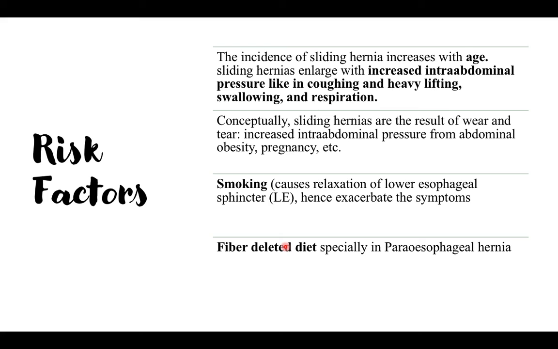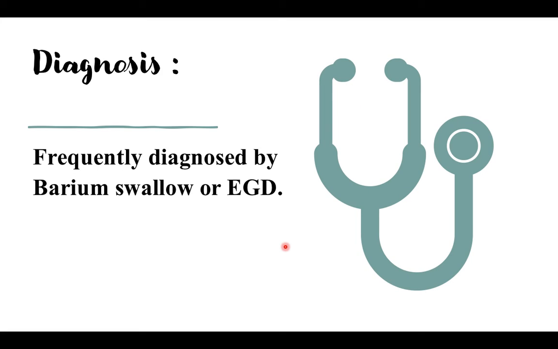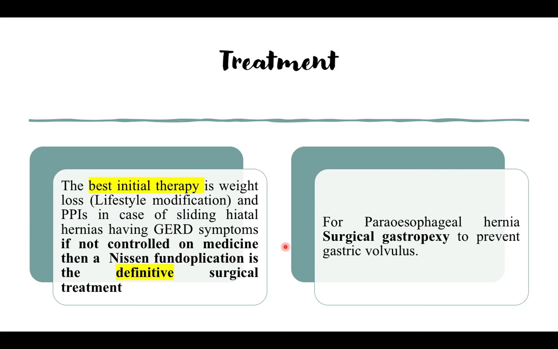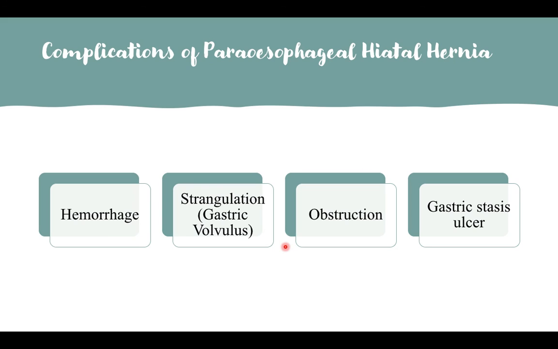Risk factors: increased intra-abdominal pressure, fiber-deficient diet, smoking. Symptoms, most commonly GERD symptoms. Diagnosis on the basis of barium swallow and endoscopy, and treatment. First of all, for sliding hernia, type 1, you will go for lifestyle modification, just symptomatic treatment, and if not controlled, then definitive treatment, Nissen fundoplication. And for paraesophageal, of course, surgical gastropexy. So complications: esophageal and extra-esophageal, and finally the complications of paraesophageal, most commonly strangulation and gastric volvulus.